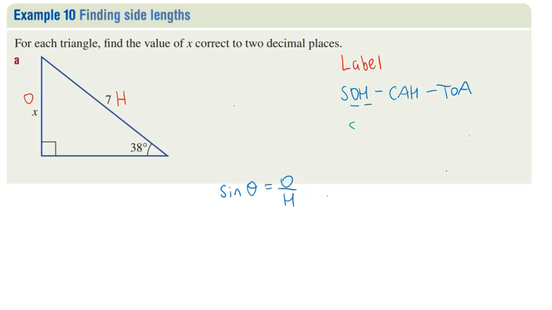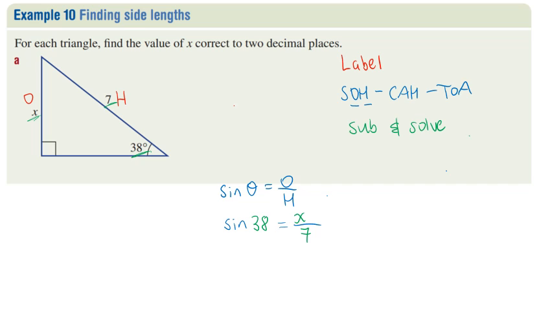Then I need to substitute and solve. So substituting the values from the triangle into the formula. So I've got sine. Instead of writing the angle theta, the angle in this triangle is 38. So I write that there. The value of the opposite side is x, and the hypotenuse 7.